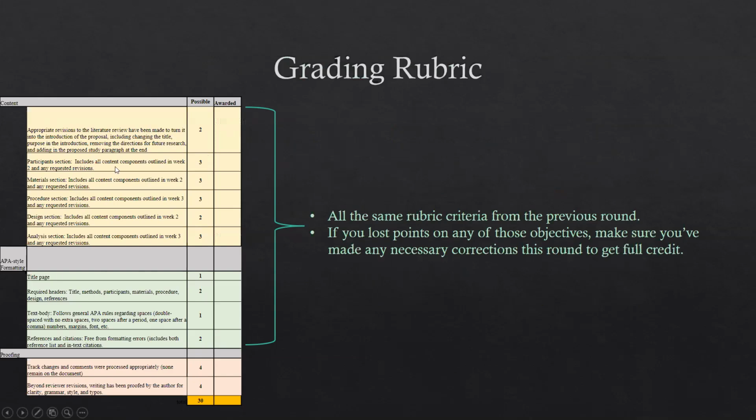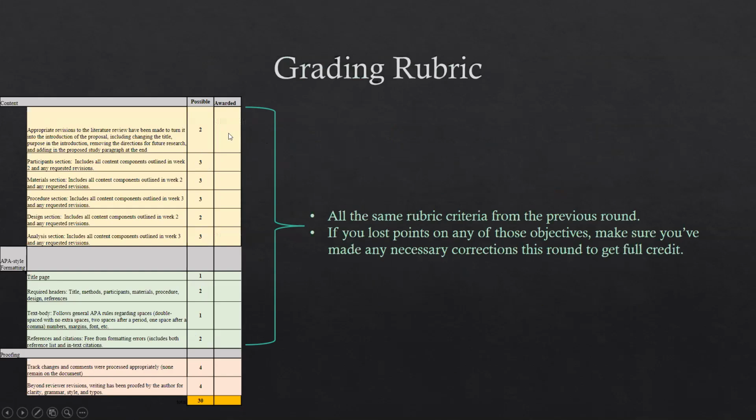But since all of these requirements are exactly the same, you should be able to go into your graded rubric from the research proposal that I attached to your submission and see if you lost points on any of these. If you did lose points on any of these, then you need to go back, look at the comment that would be next to it, see what you need to change, and then fix that so that you get full credit this time around.